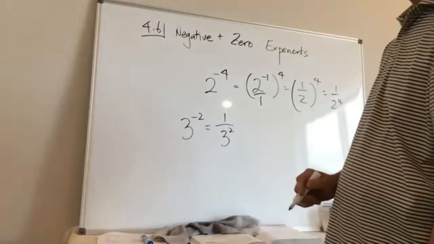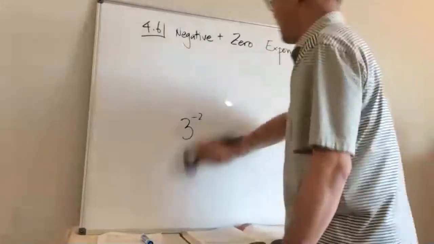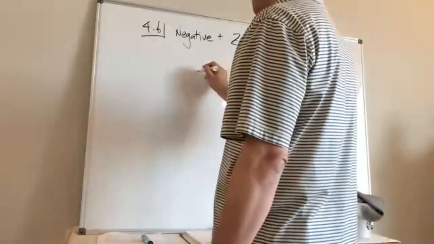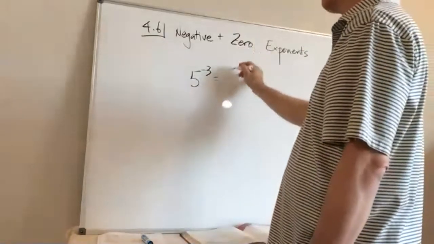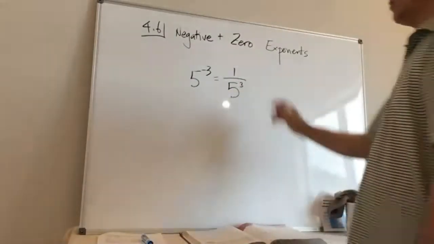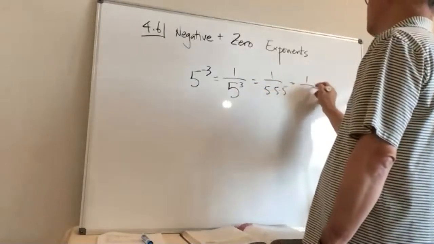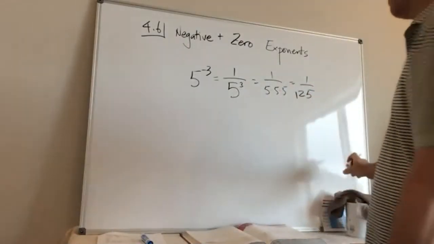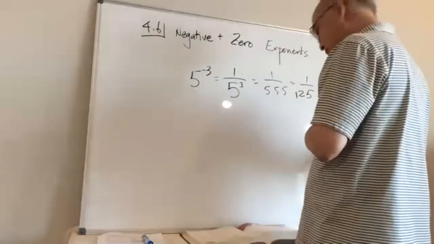If I had, let's say, 5 to the negative 3, since there's a negative here, this would be 1 over 5 to the 3, which is the same as 1 over 5 times 5 times 5, or 1 over 125. So that's the effect that a negative number in the exponent has.